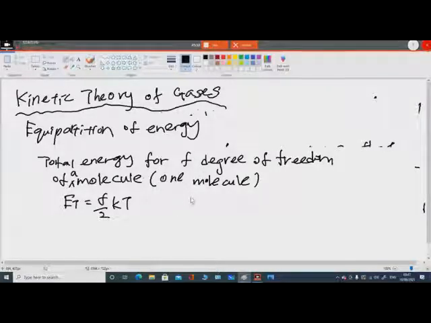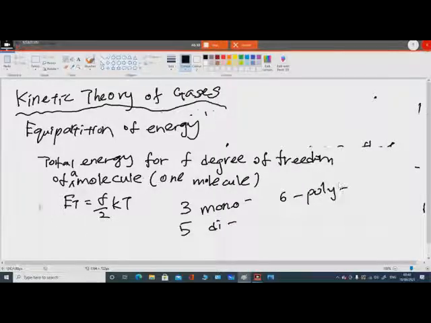Since we have 3 degrees of freedom for monoatomic, 5 degrees of freedom for diatomic gas, and 6 degrees of freedom for polyatomic gas, the total energy for monoatomic gas is 3/2 kT.